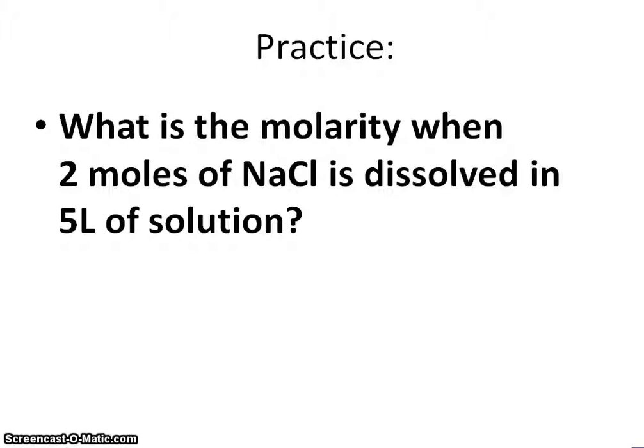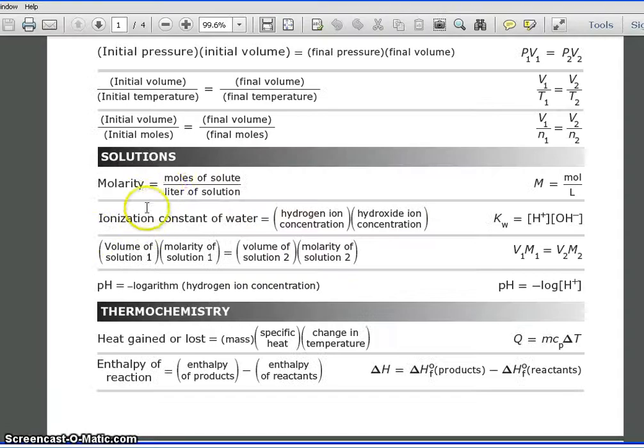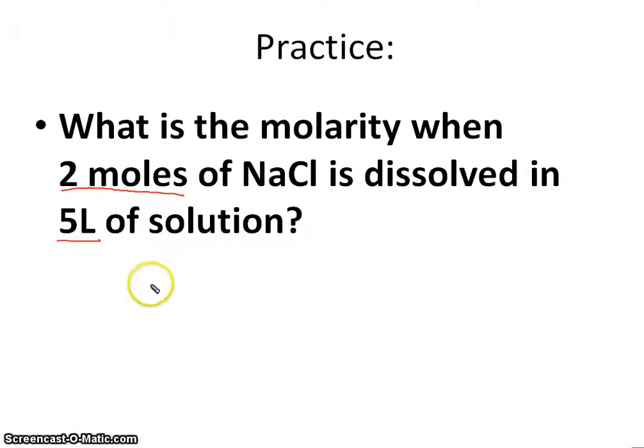So what is the molarity when 2 moles of sodium chloride is dissolved in 5 liters of solution? So we've got 2 moles and 5 liters. We look at our formula chart. Molarity equals moles divided by liters.